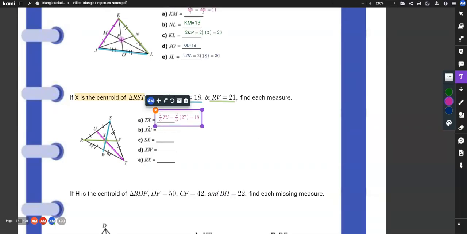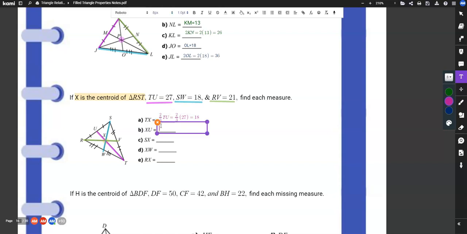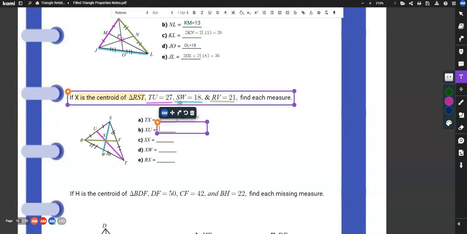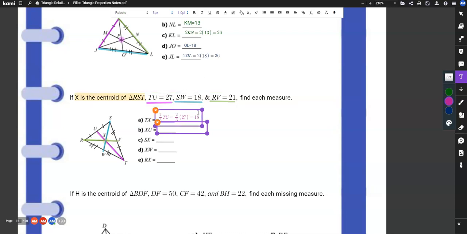Right, our next one is XU. Now we could do XU is 1/3 of TU. 27 divided by 3 is 9. We could also say that XU is half of TX. So either of those options is correct. So I'm going to say 1/3 TU, which is equal to the same thing as TX. I'll put both of these in here.